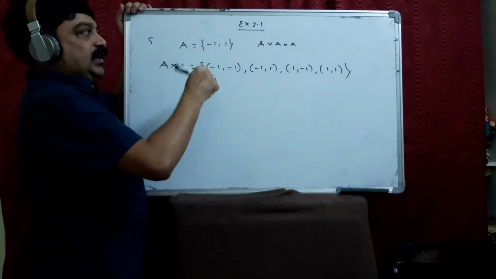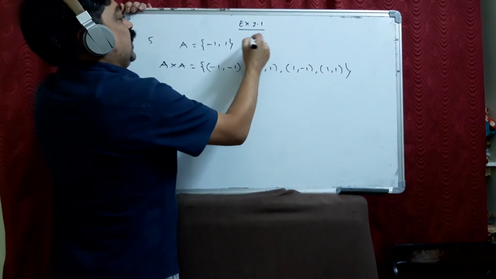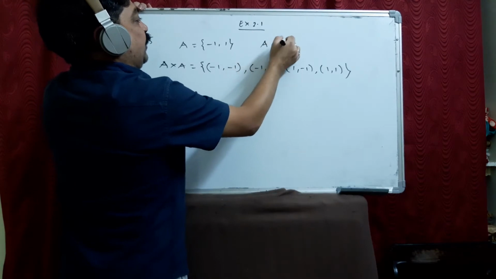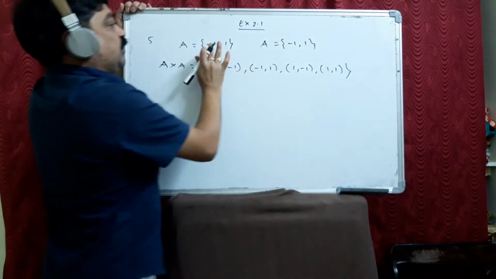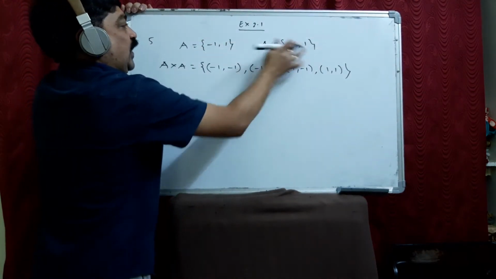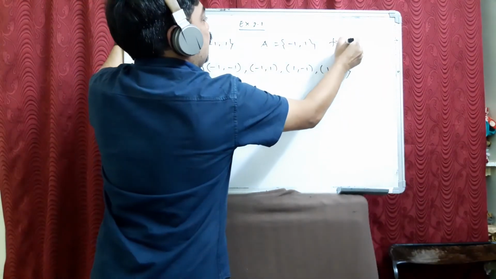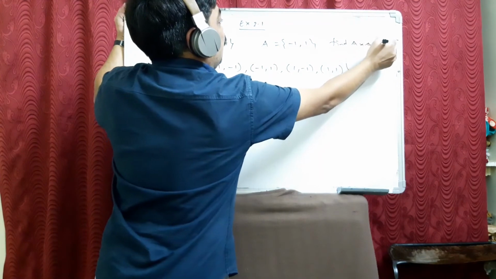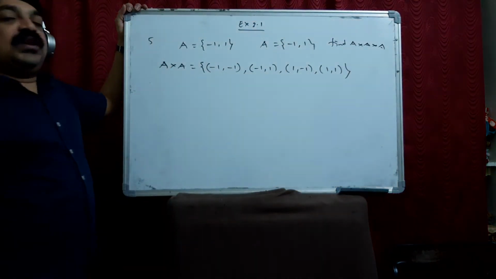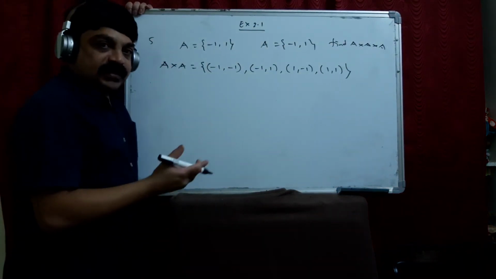Agree? Or if you are getting confused with this, you write it 2 times. Then it will be easy. -1 with -1, -1 with 1, 1 with -1, 1 with 1. You have found A cross A. So 2 elements here, 2 elements here, you got 4 ordered pairs.